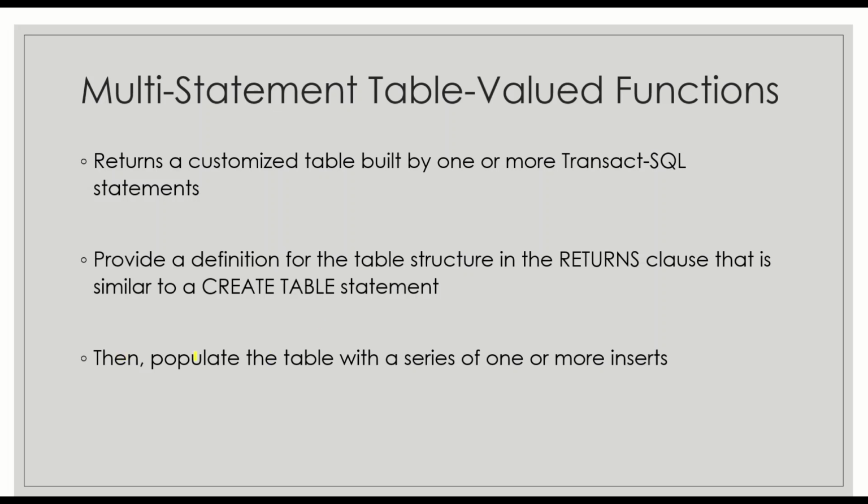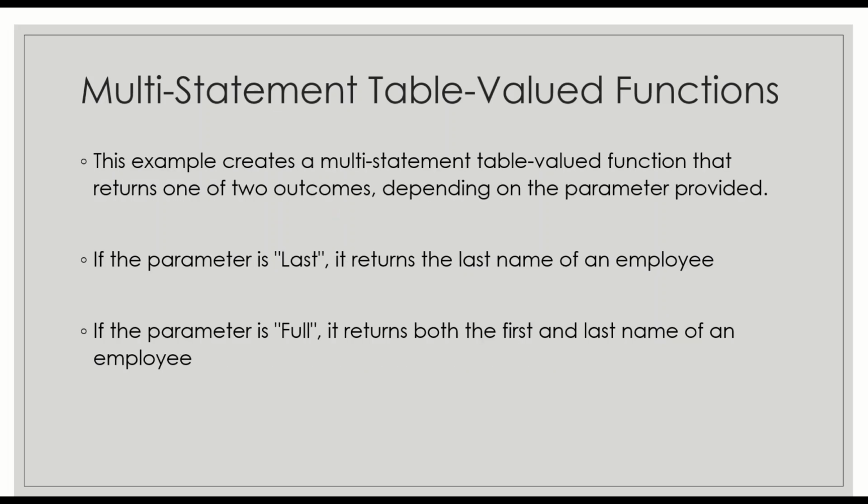Then once that's done, we're going to populate our temporary table with a series of one or more insert statements. Now, where the data comes from when making the insert statements is up to us. We can generate it, or we can pull it from various tables or other functions or other views or other locations in our database. So let's take a look at an example.